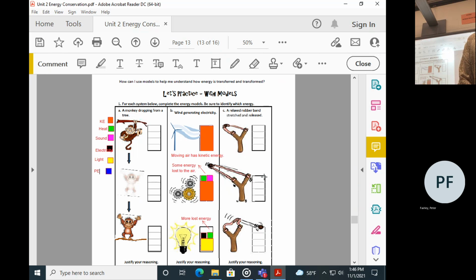Ready for the slingshot? So explain what happened there. And we'll move on to the slingshot. If you're ready for the slingshot, before we begin, I want you to think about what kinds of energy will be involved.